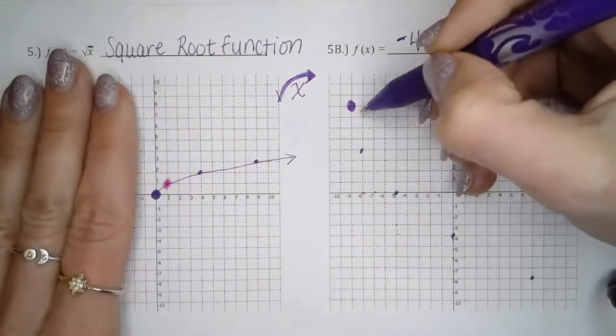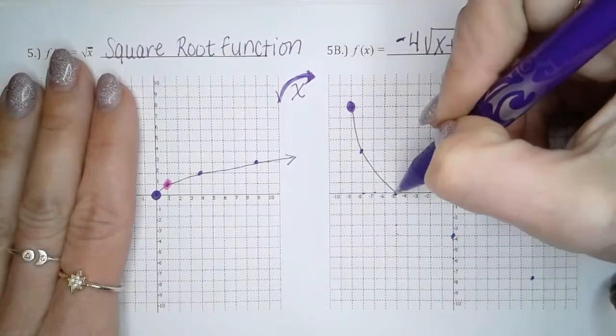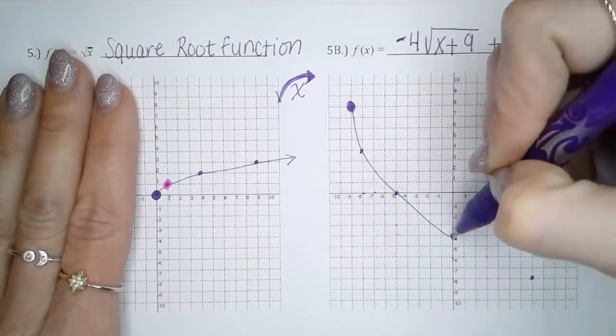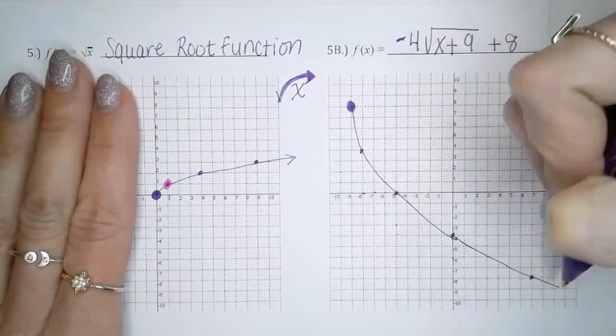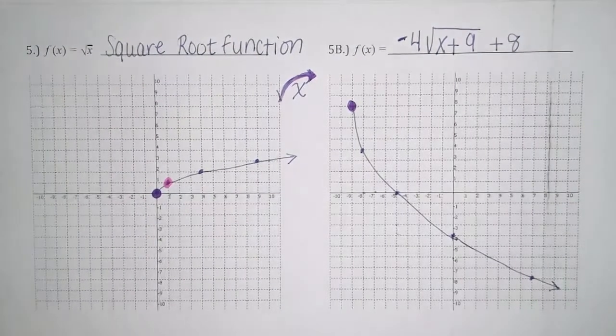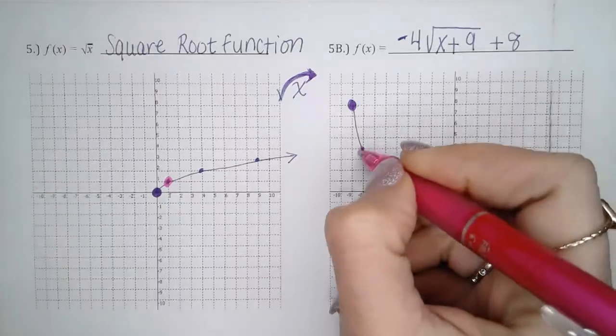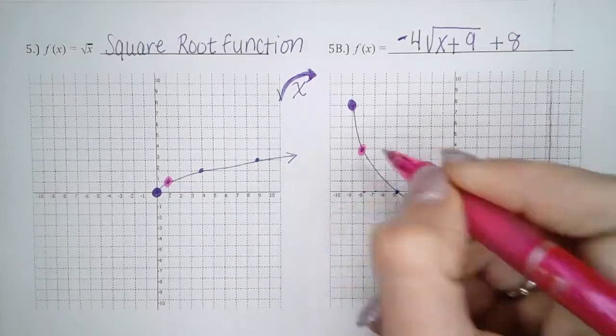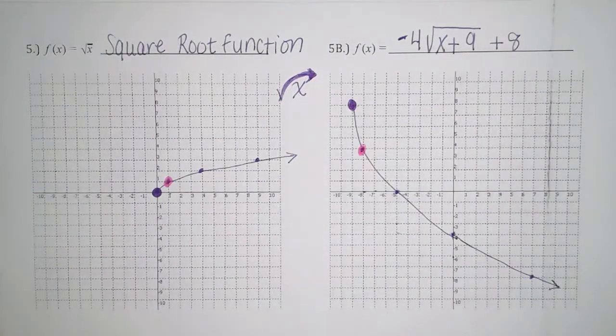Plenty of graph. And now I'm just going to go over here. And it should feel pretty natural to draw the curve in there. Nothing should jump out and feel kind of funny. Usually if something feels off and funny when I'm graphing, it's because I plotted a point incorrectly.